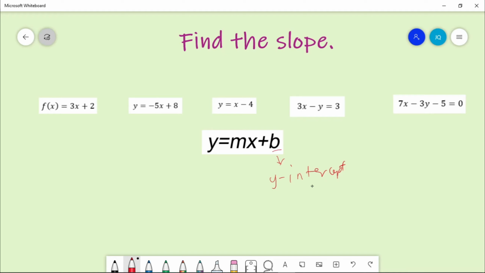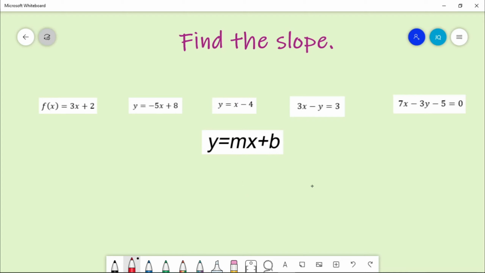And the m here is actually the slope. It is the numerical coefficient, or the number beside the variable x. So all you need to do is to transform the given equation into slope-intercept form.